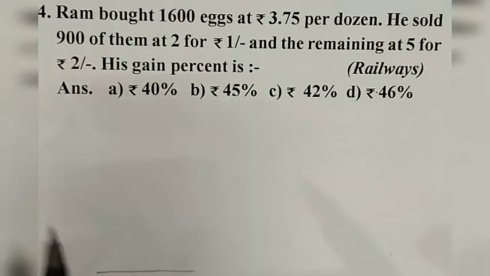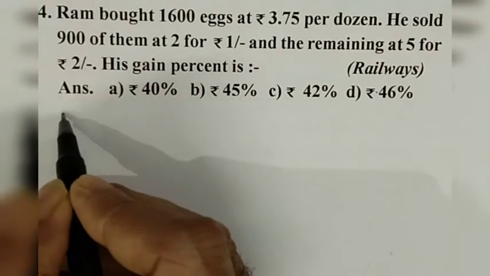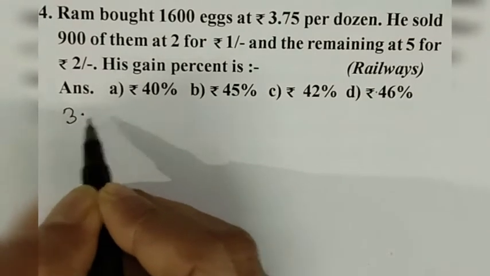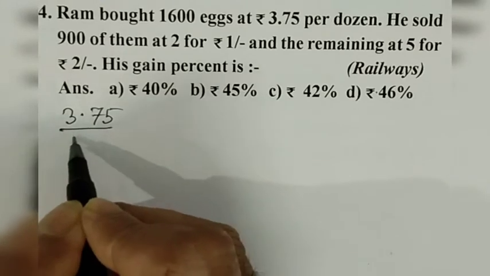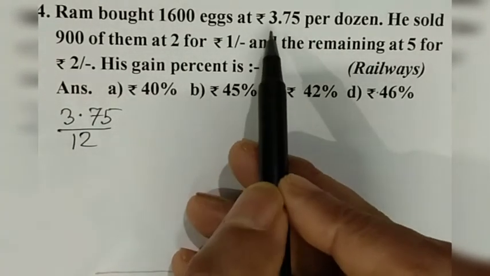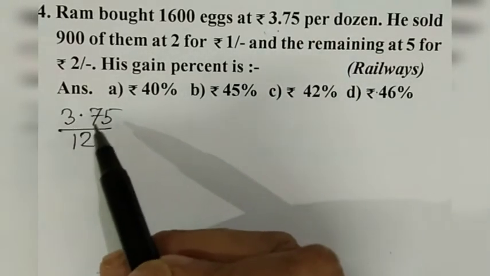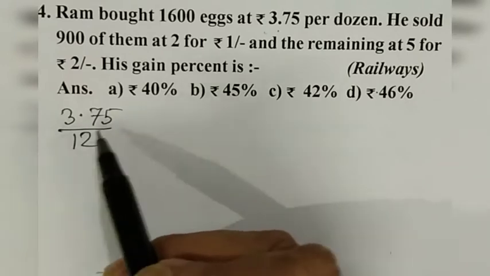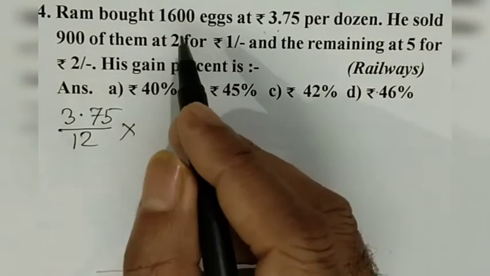Cost price is 3.75 per dozen. The one is 3.75 by 12 into 1600.